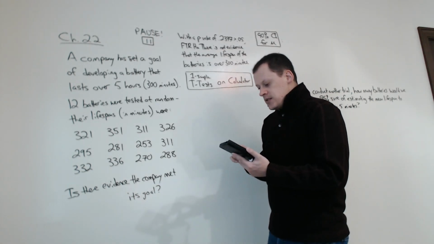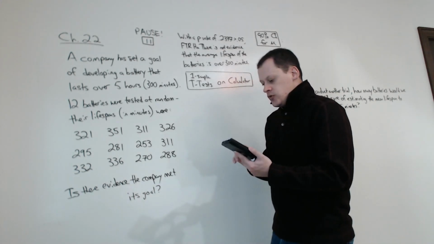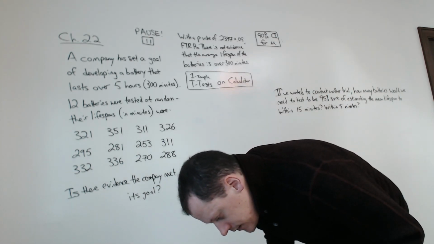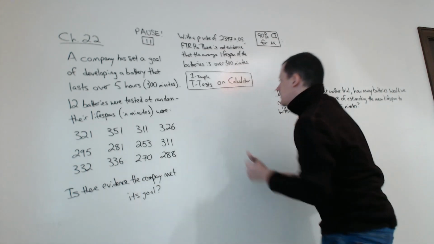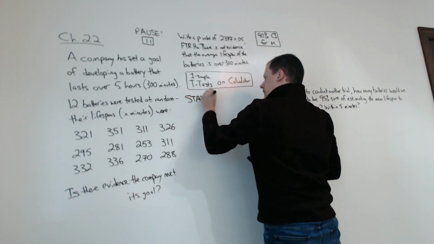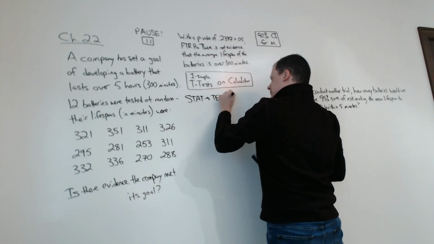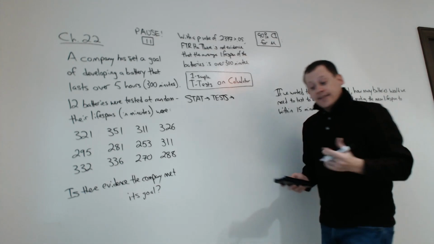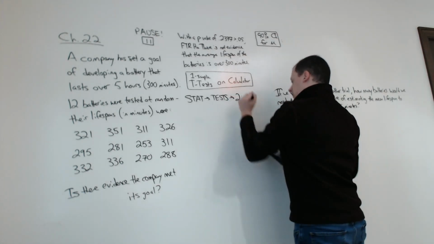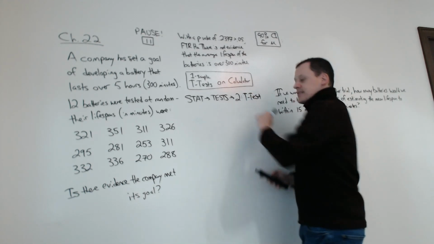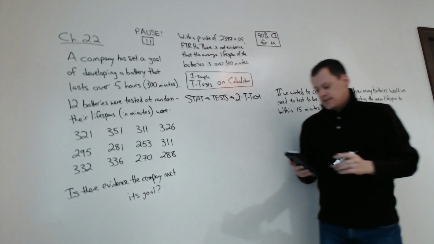So to do this, you will go to stat. And then you'll go over to tests. And this one is actually, on my calculator at least, number 2. It says t-test.